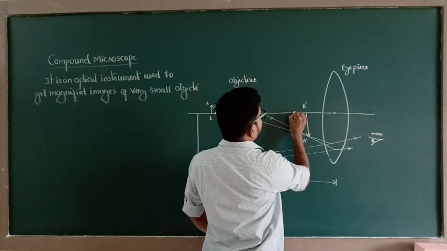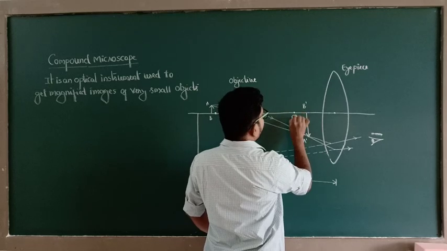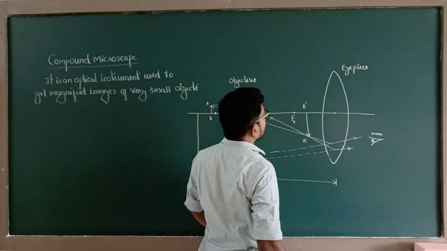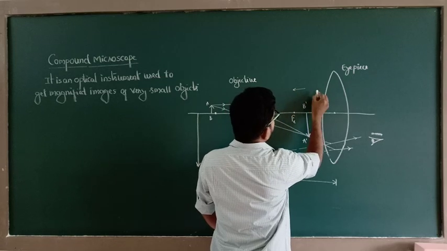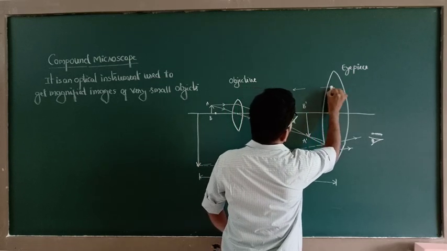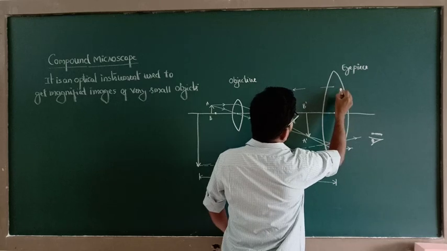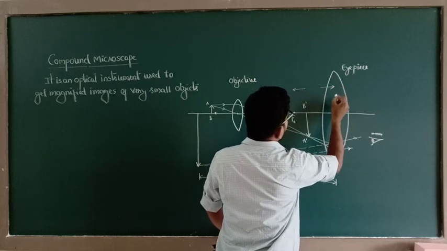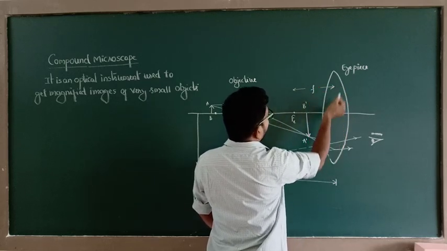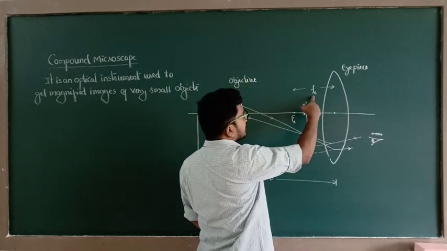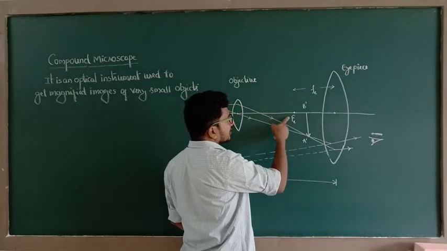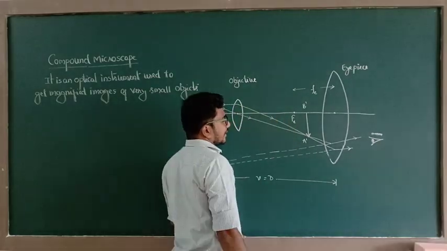Let us say this point is the principal focus of the eyepiece. The distance between the principal focus and the optical center of the eyepiece is known as the focal length of the eyepiece. Here subscript E represents the eyepiece: focal length of eyepiece, principal focus of eyepiece.